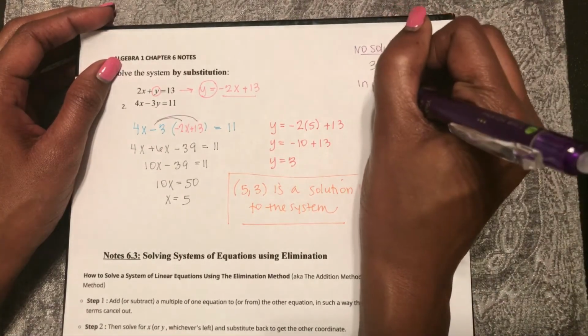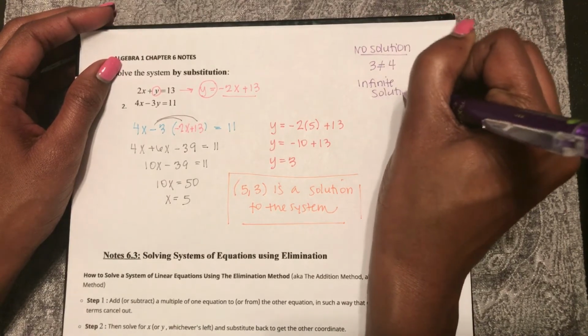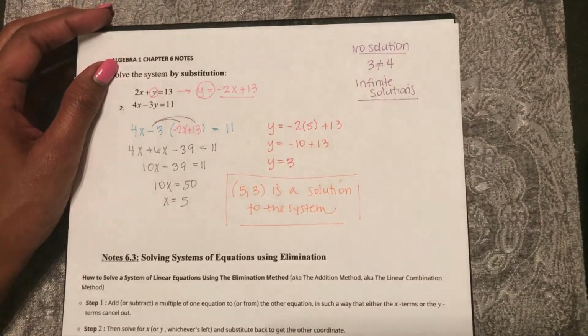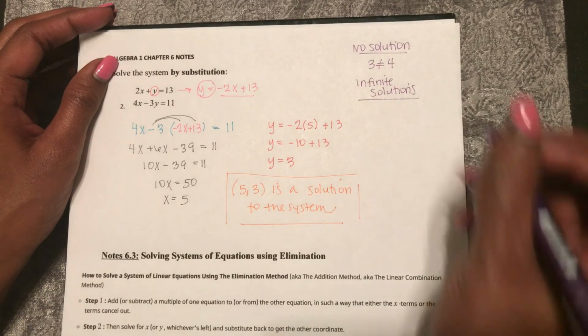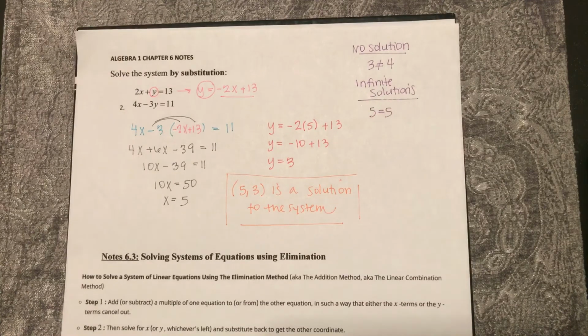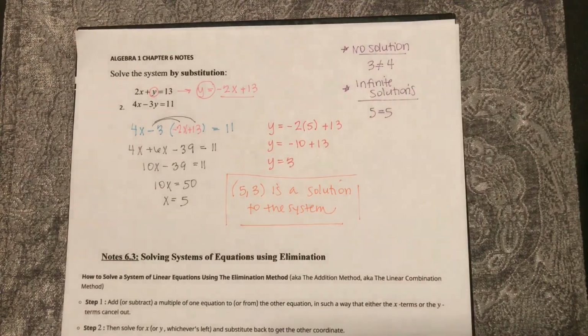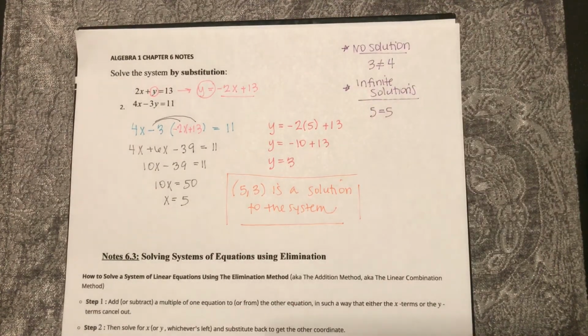And remember that infinite solutions occurs when your variables cancel out and you're left with a statement that is always true. So don't forget, we still have these two options as well as finding one point solutions.